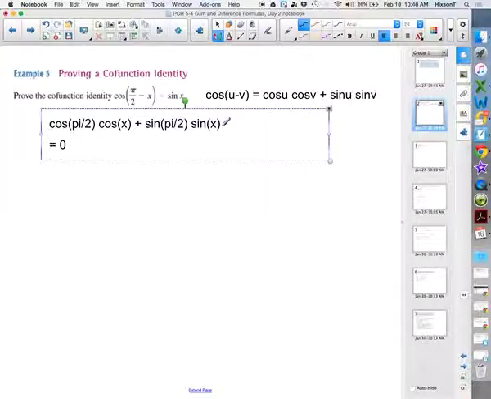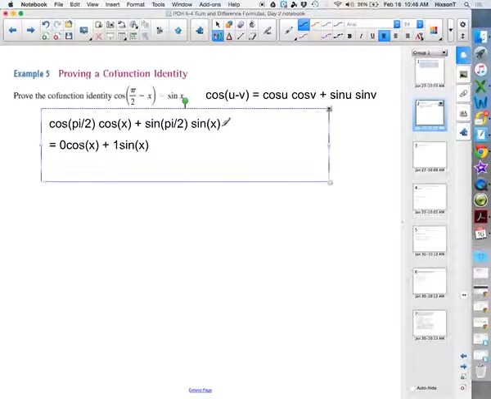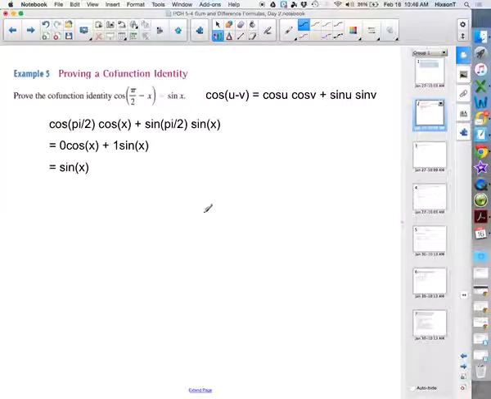So now we have 0 times the cosine of x plus, what's the sine of pi over 2? 1. So we have 1 times the sine of x, and that's obviously 0 plus sine, which is sine, okay? So there we have a simple proof of our cofunction identity.